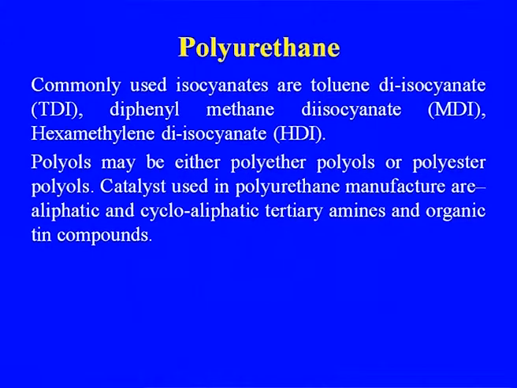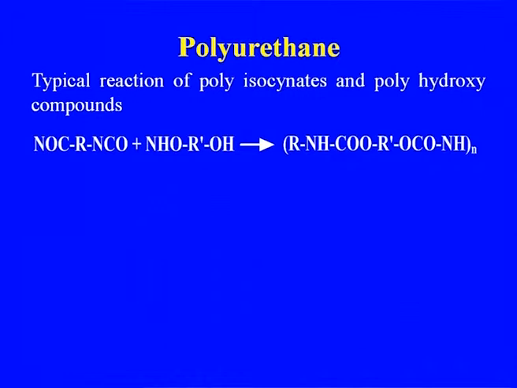The catalysts used in polyurethane manufacture are aliphatic and cycloaliphatic tertiary amines and organic tin compounds. This is the typical reaction that takes place between the isocyanates and the polyhydroxyl compounds, which we are using for making polyurethane.